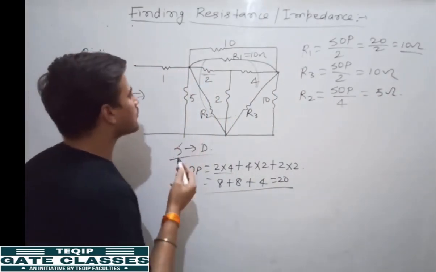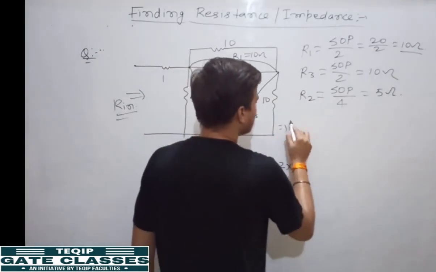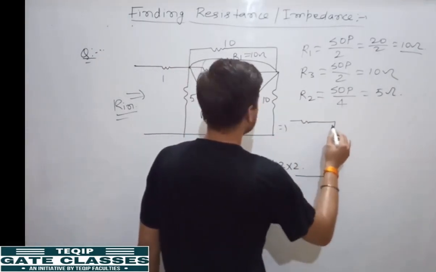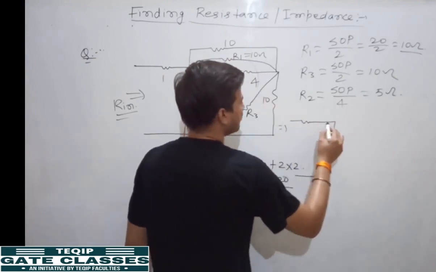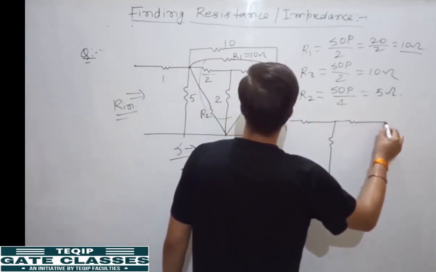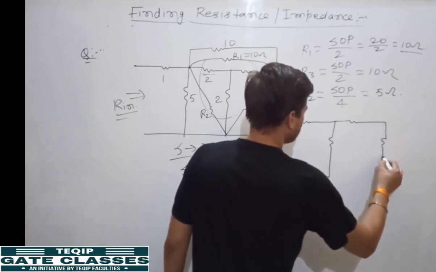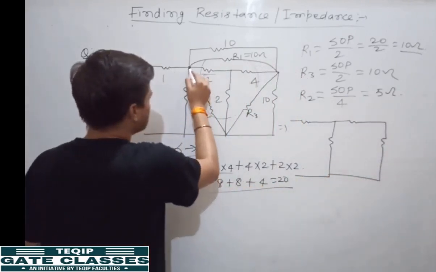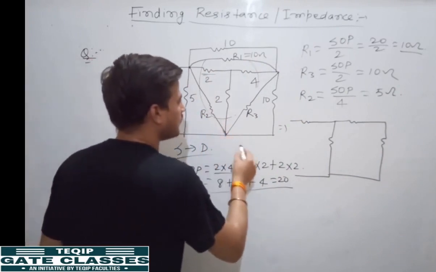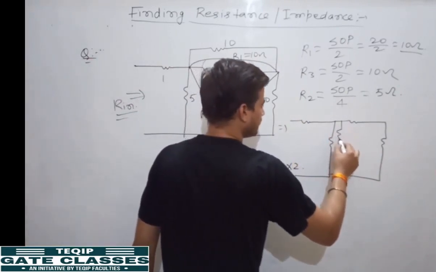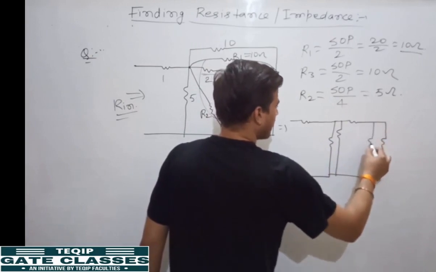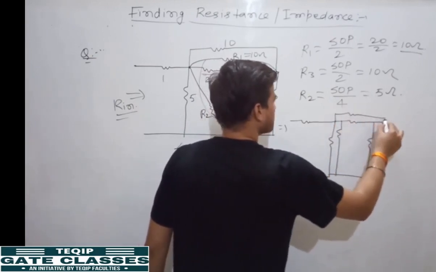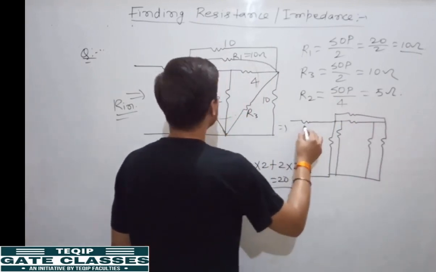So when we redraw, the circuit will be like this one. Now here it will be delta connection instead of star connection. Delta connection means this resistance is connected like this one. So we can also connect like this one, and here we are having one more resistance like this one. 1 ohm.